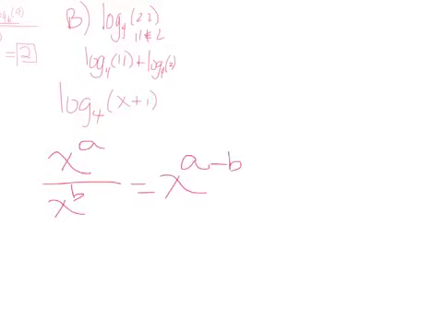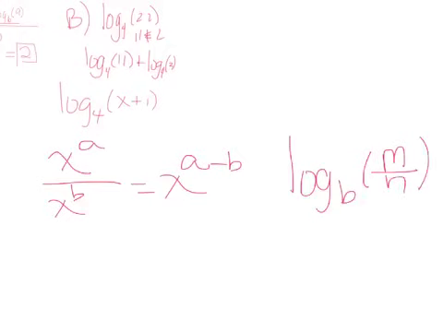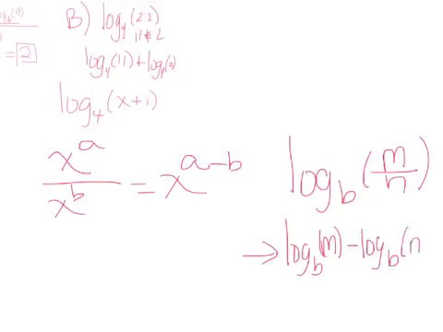So you subtract the exponents. Well, once again, since logarithms are dealt with just like exponents, if I have log base b of m divided by n, that can be rewritten using the quotient rule as log base b of m minus log base b of n.